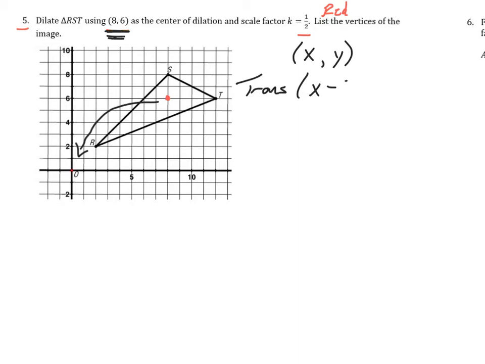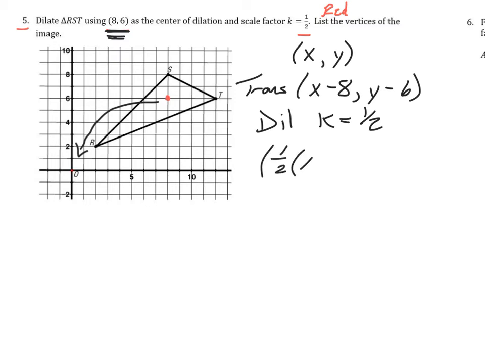So I'm going 8 units to the left, and I'm going 6 units down. Next thing I have to do is dilate it. So I want to dilate it by a scale factor of 1/2. So now my point is going to become 1/2 times my x coordinate, x minus 8, and 1/2 times my y coordinate, y minus 6.